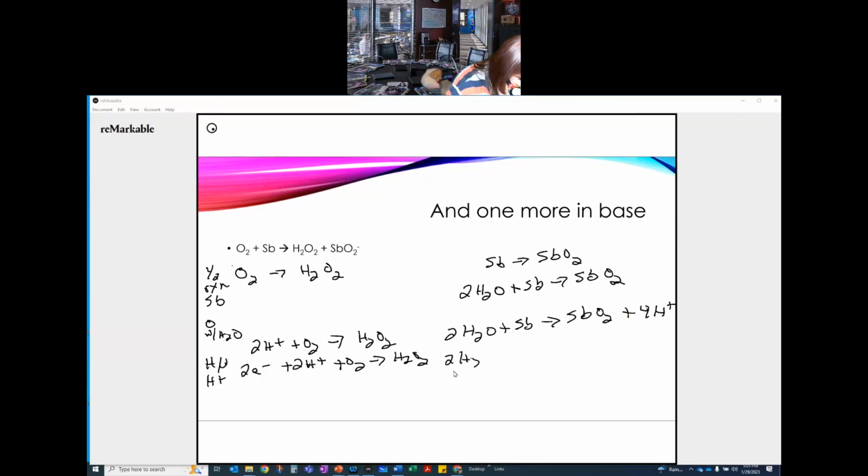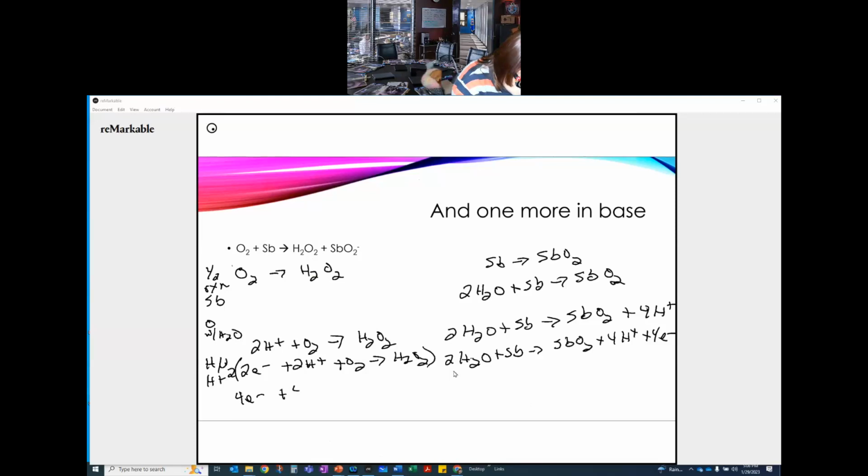That's 2H2O plus Sb gives me SbO2 plus 4H plus plus 4e minus. Not the same number of electrons. I have 4 in my Sb reaction and only 2 in the other, so I'm going to multiply this by 2.